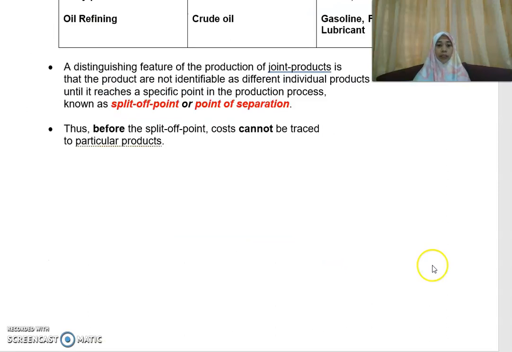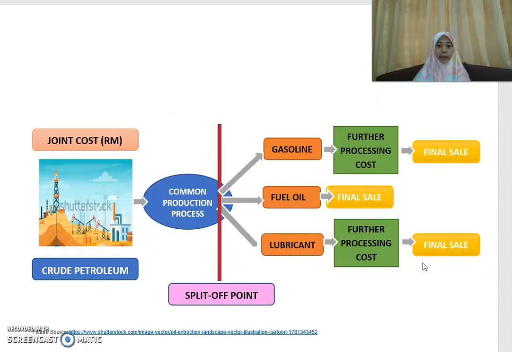If you see here, diagrammatically, let's say you have the crude oil, and from the crude oil you have a common production process. Before this, you will incur cost. That cost that you have incurred is known as the joint cost, or sometimes the term used is common cost.